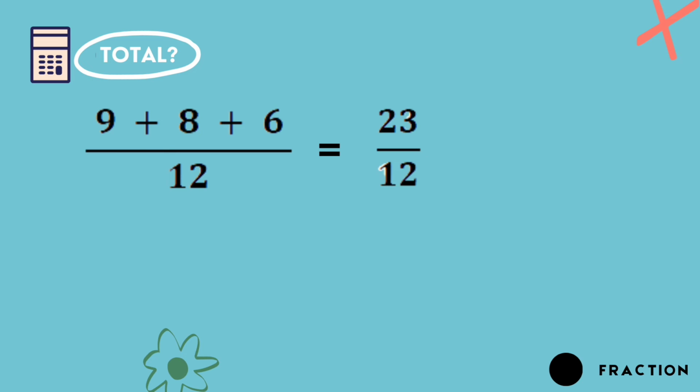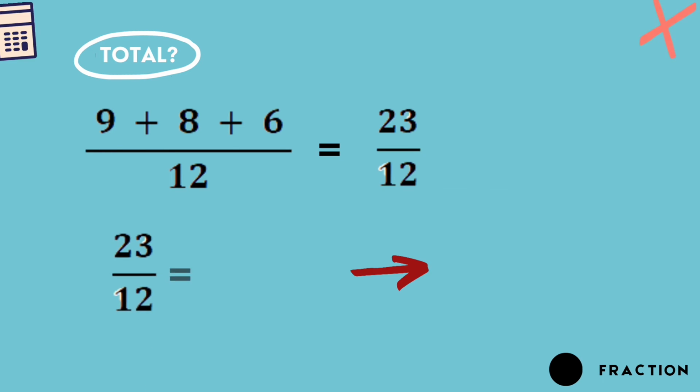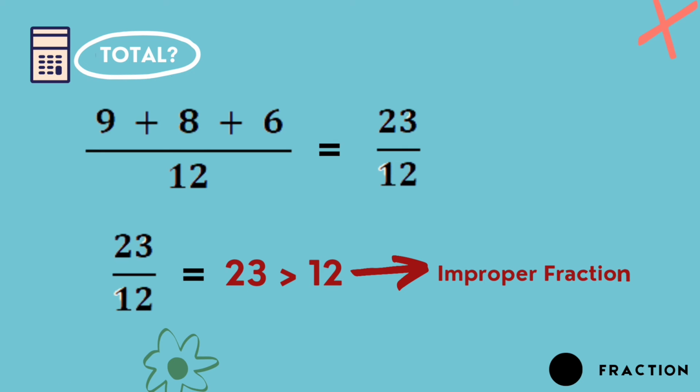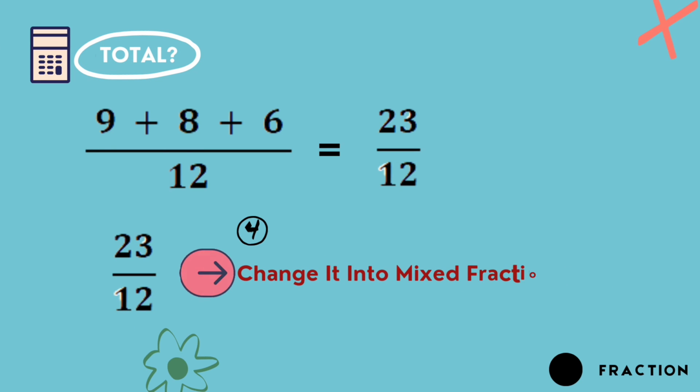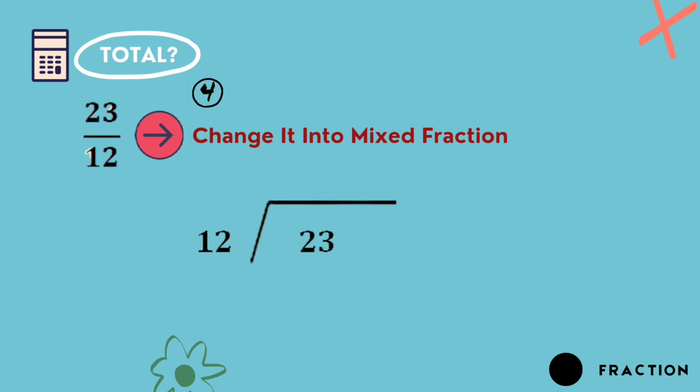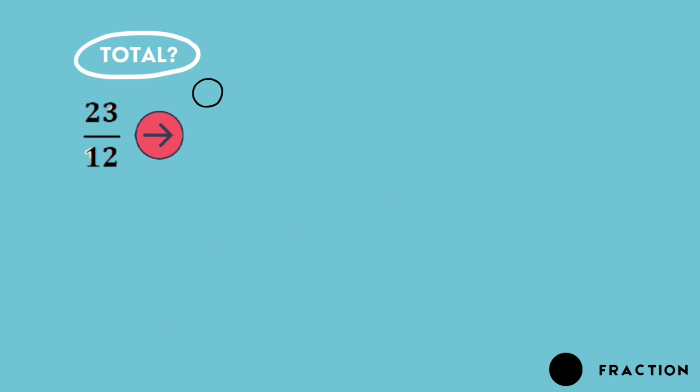Here we have the improper fraction 23 over 12. It is improper because the numerator of 23 is bigger than the denominator of 12, and we want to change it into a mixed fraction. So let's divide: how many times does 12 go into 23.